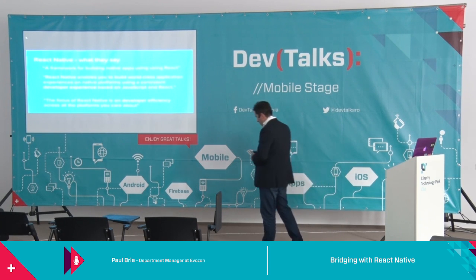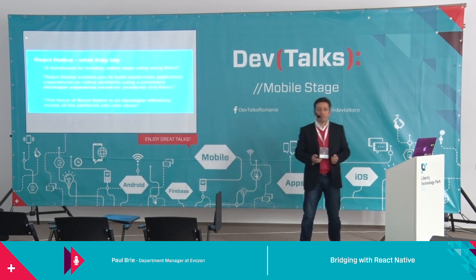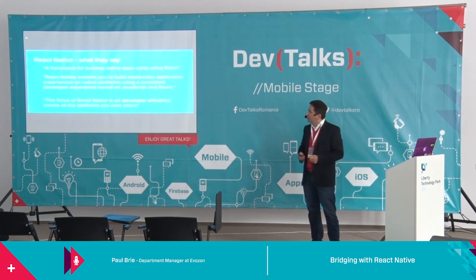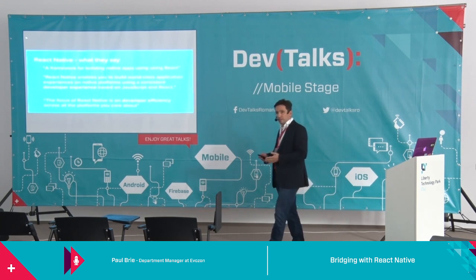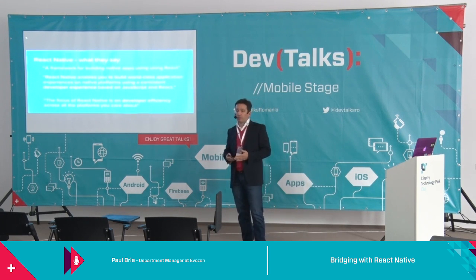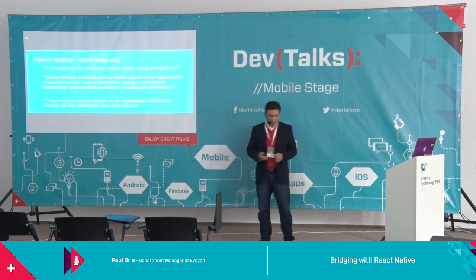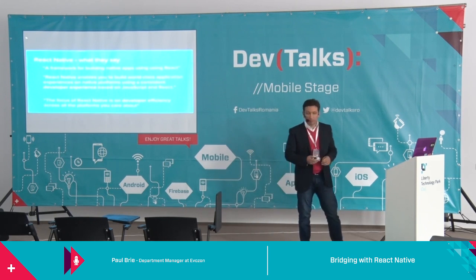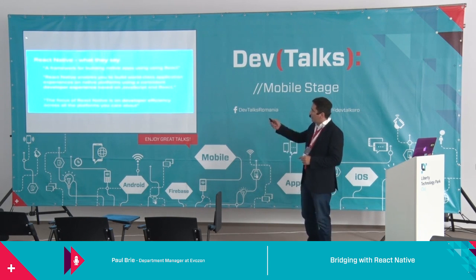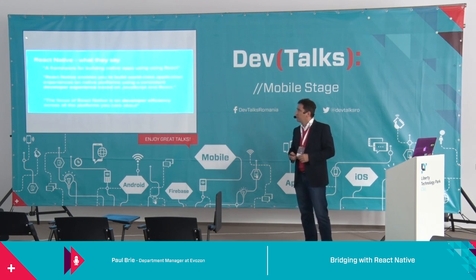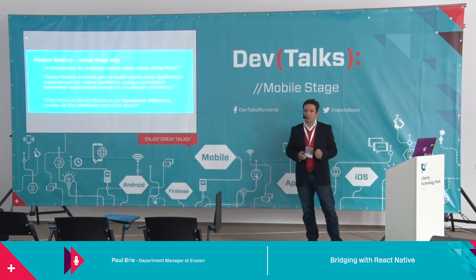The goal of the framework is to allow you to build world-class mobile applications, and it's also important for Facebook that they use their React framework, because that was the point of their experiment. And last but not least, it's about developer efficiency. So I highlighted two things that I think are really important here, which is developer experience and developer efficiency.